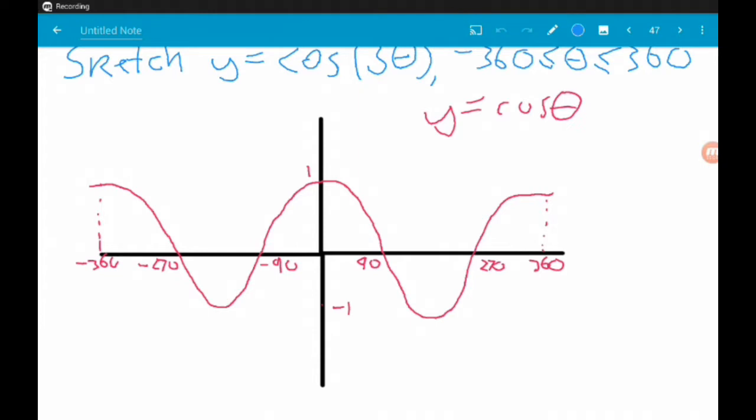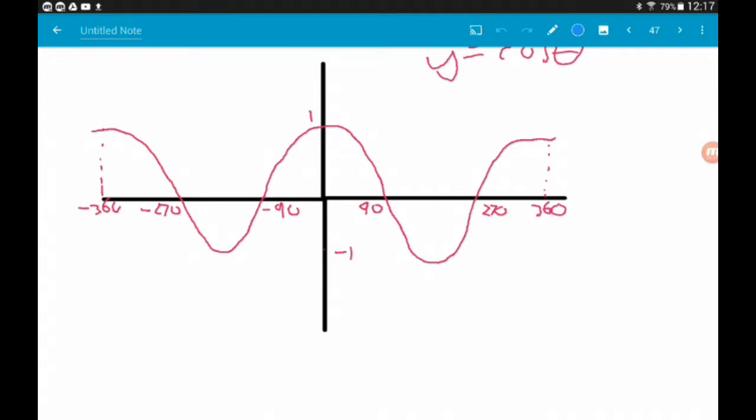Okay, now then, we want to do y equals cos of 3 theta. So first of all, what type of transformation is this? Well, theta is being multiplied by 3, so this is actually going to be a squash along the x-axis.